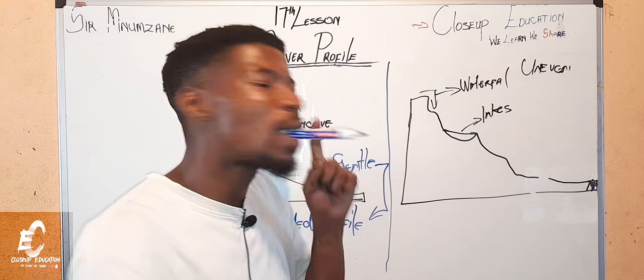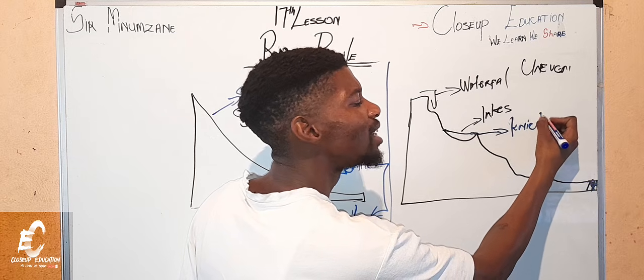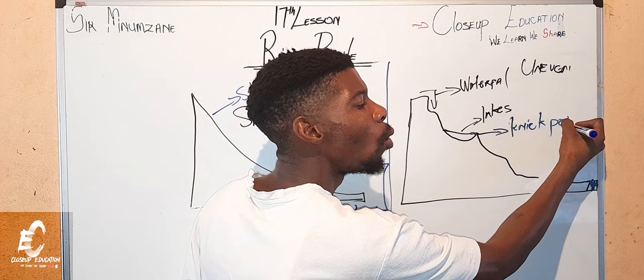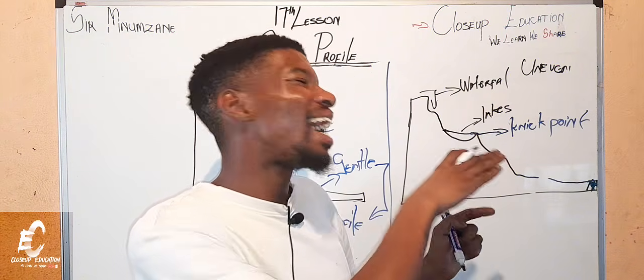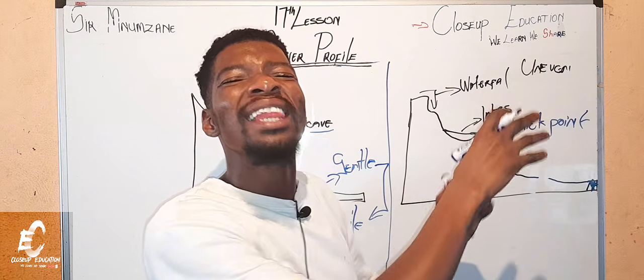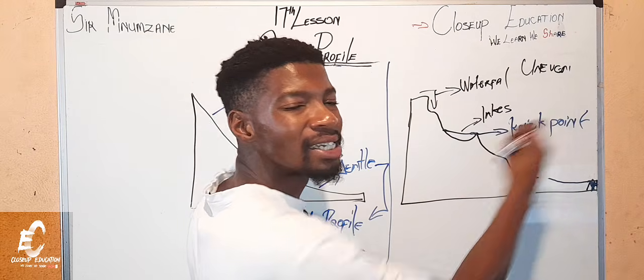And this is what we call our Knickpoint. This is where we find our Knickpoint. What is a Knickpoint? It is the sharp change in the gradient, where the gradient becomes suddenly steep.